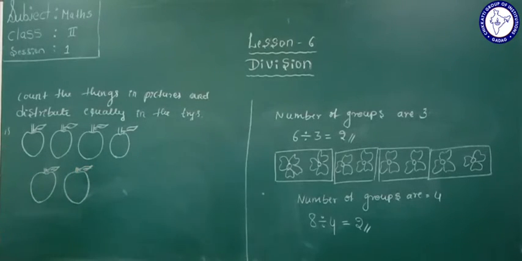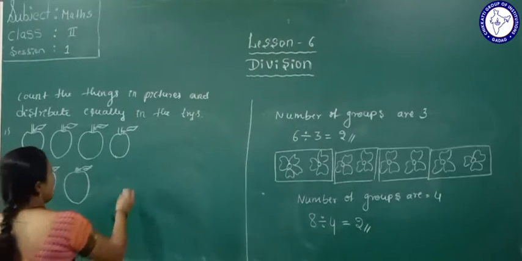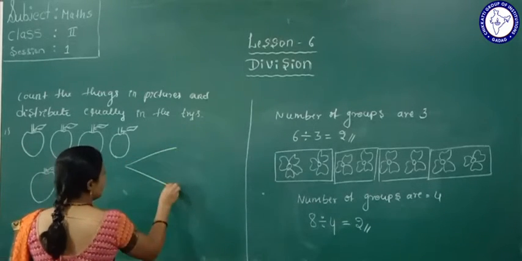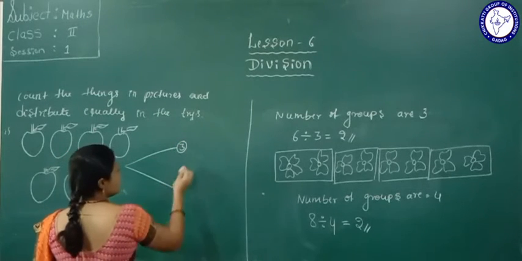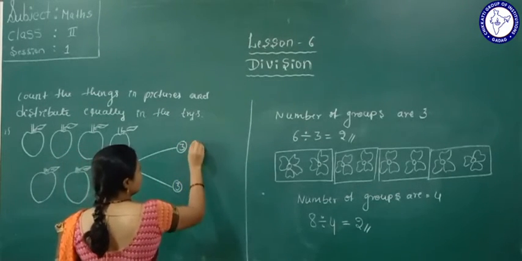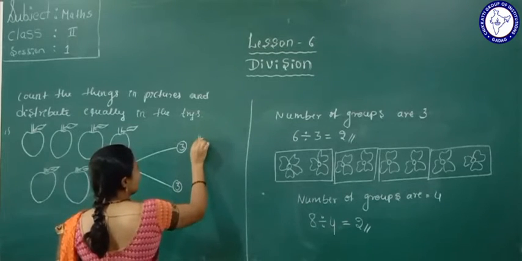Okay, totally 6 apples are given here. What is given here? Count the things in the pictures and distribute equally. We will distribute. How many groups will we make here? We make 2 groups. In one group how many are there? 3 apples. Yes. So I'll draw 3 apples in one group.